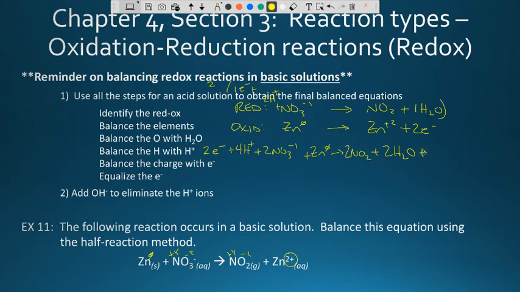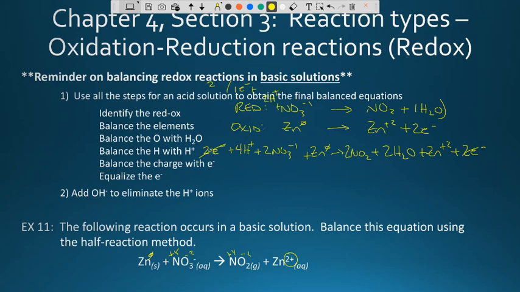I have my zinc ion and my 2 electrons. Okay, I can get rid of my electrons right away because they're both on the same side. Now I have to add hydroxides to eliminate my hydrogen ions. Okay, so that's going to be key. I need to add my hydroxides to balance out.